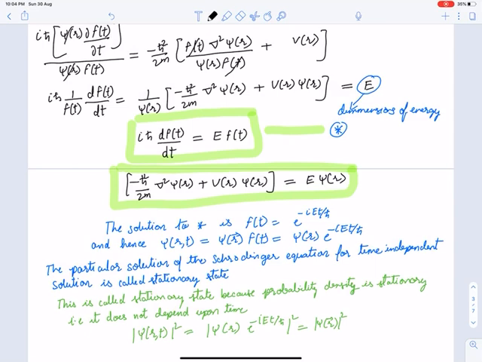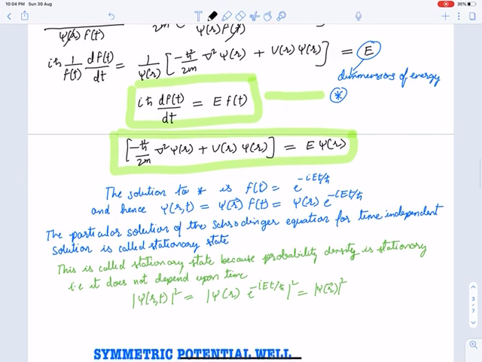Why this is called a stationary state, I've written in green. You can see that if I take the mod square of this, ultimately when you do the square, the e raised to an imaginary term will come with e raised to plus, and they will cancel each other, and basically what you come up with is only psi of r.